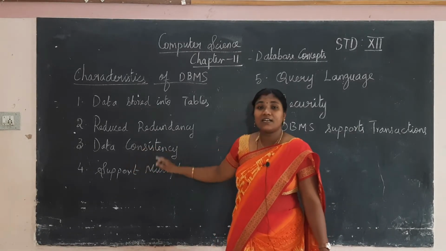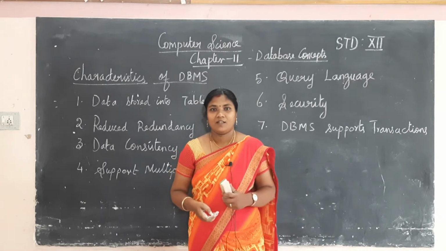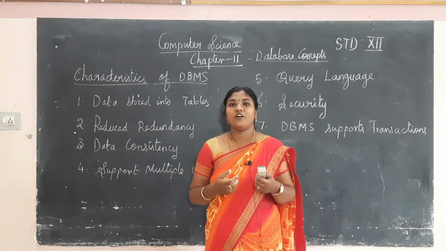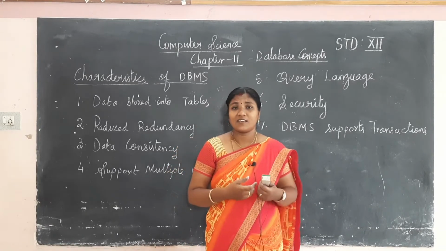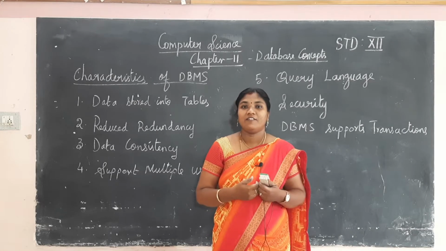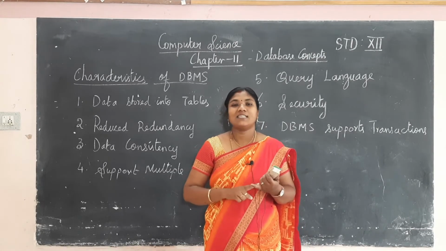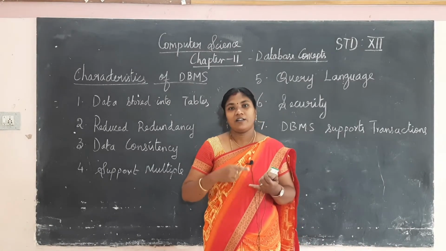The third one is data consistency. What do you mean by consistency? If you finish your UG degree, they will ask whether your marks are consistent. In 10th standard you may have got 75% or 80%.